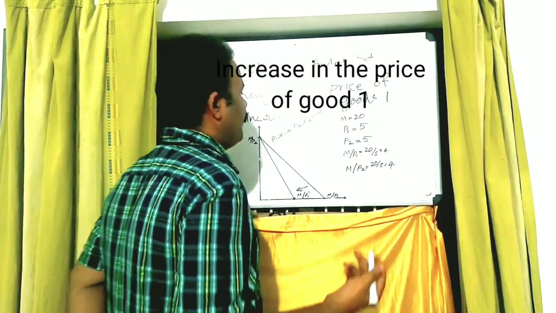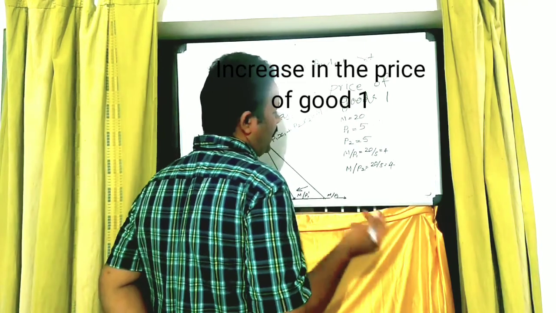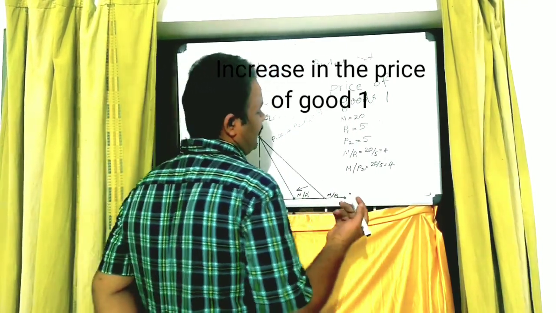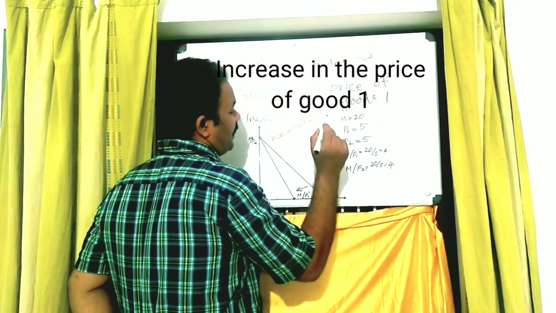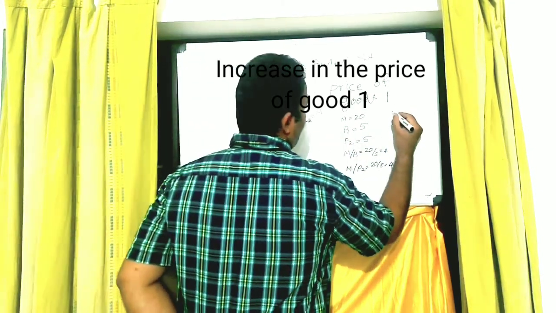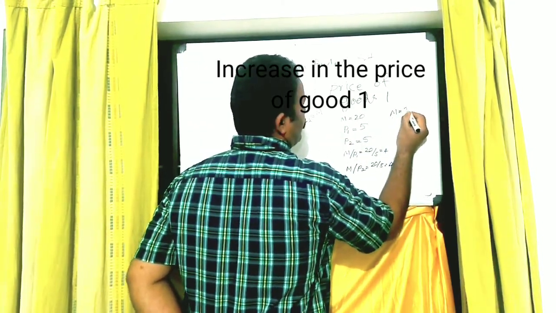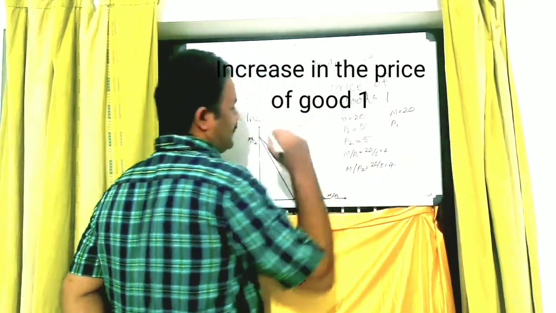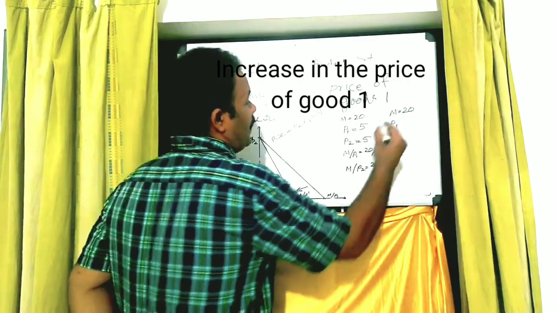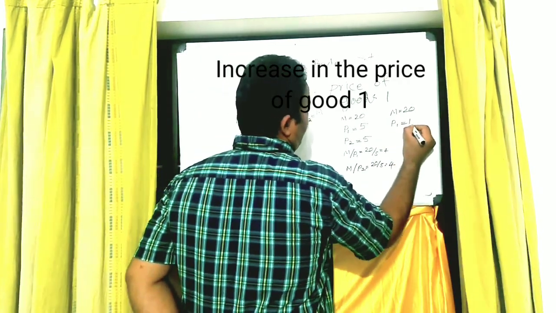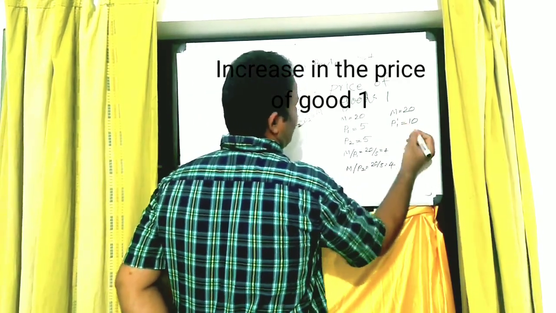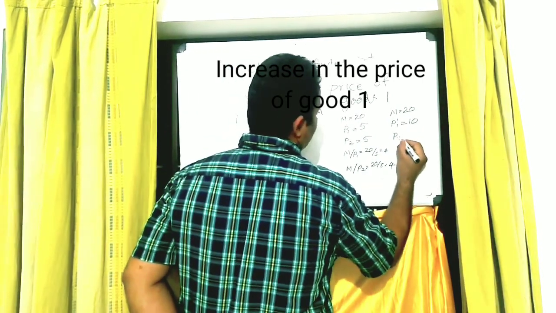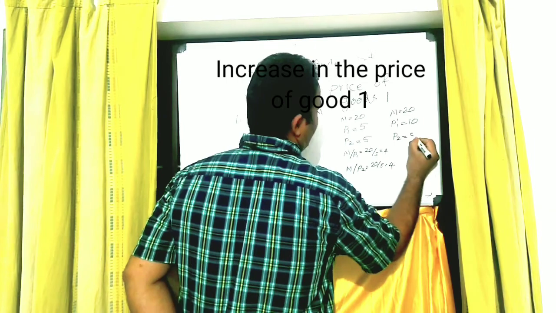Then we can see here when price increases, there is change in the horizontal intercept. Here also income is 20. P1 increases from 5 to 10. At that time P1 dash is 10. There is no change in P2, that is 5.